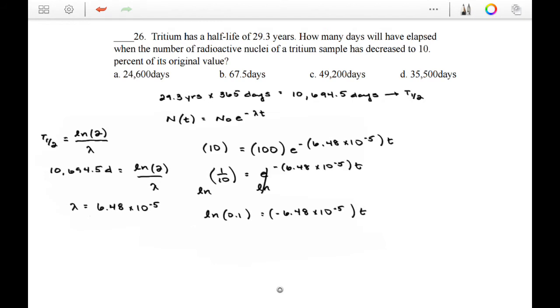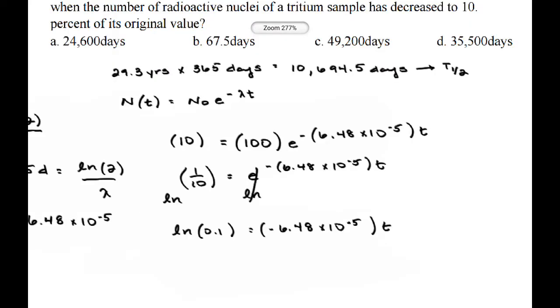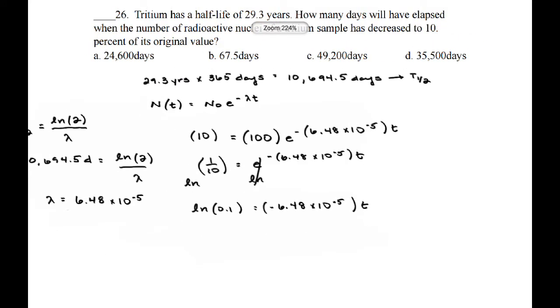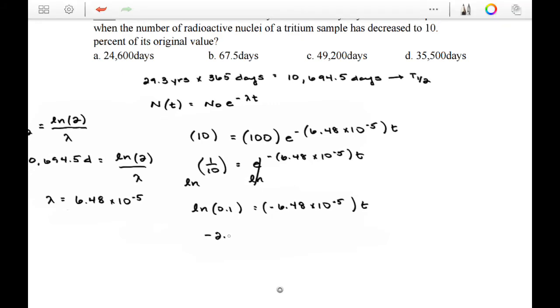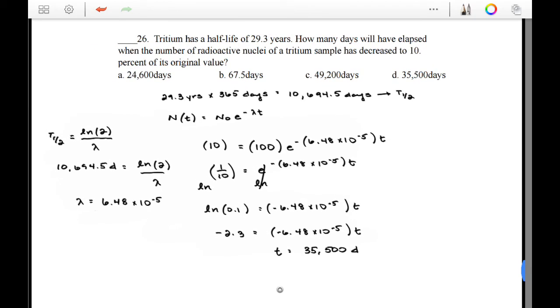If I plug in the natural log of 0.1, I'm going to get negative 2.3 is equal to negative 6.48 times 10 to the negative 5 t. Divide across, and the time t that I'm left with is 35,500 days. So the answer to this problem is going to be D.